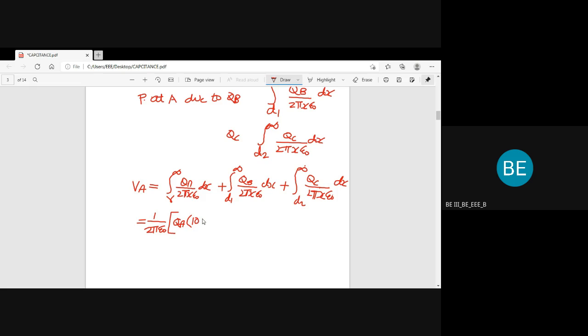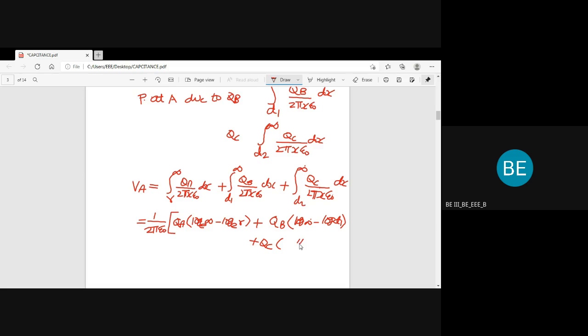If you substitute, you will get logarithm e of infinity minus log e of r, plus similarly for QB, log infinity minus logarithm of d1, plus QC, the same thing will be there.